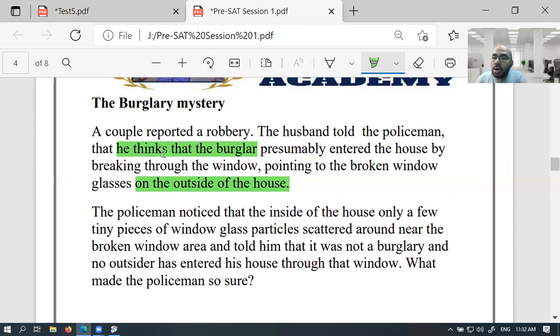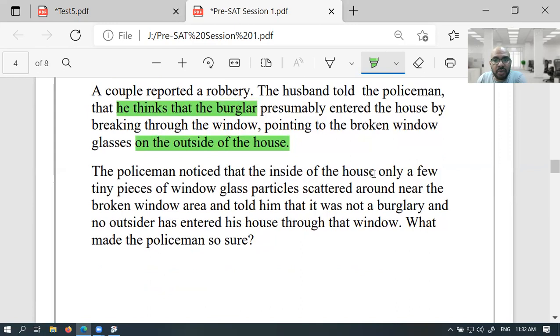So this is wrong. It was not a burglar, because a burglar will enter from outside to inside. So when he breaks the glass, of course the glass will fall inside the room, not outside. The police noticed that inside of the house, only a few pieces of window glass were scattered near the broken window area, and told him that it was not a burglary and no outsider has entered.